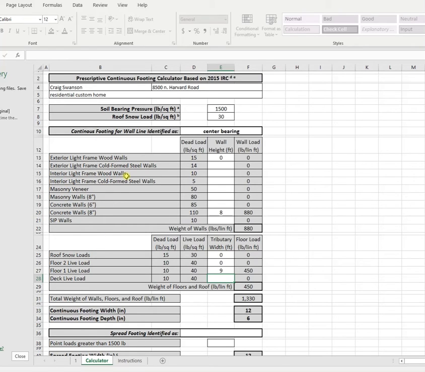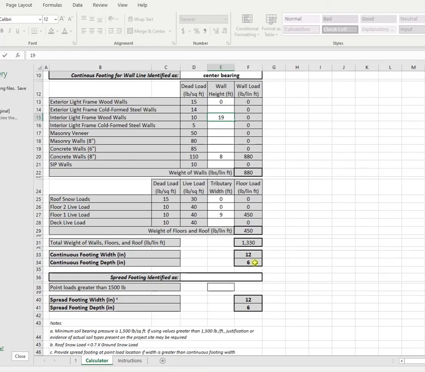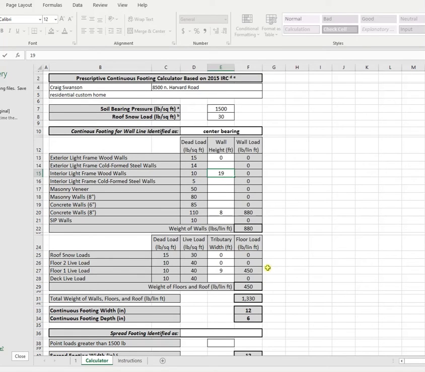It has one that's sitting right on it, and there's a chance that another wall could run across it. So I do the same thing and just put in the 19 feet to be safe. There's not much of a load on this thing. As you can see, it's 12 by 6 by 12, which is kind of the minimum. But that is all you've got to do for that one.